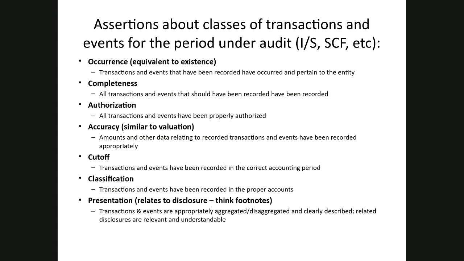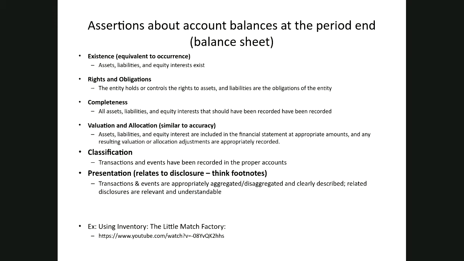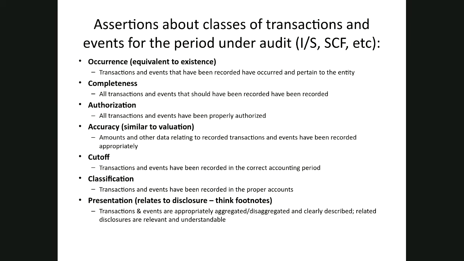Accuracy. So accuracy from a class of transactions perspective is very similar to the valuation assertion that we saw here in the balance sheet assertions list. So accuracy is just making sure that amounts and other data relating to recorded transactions were recorded appropriately, right?